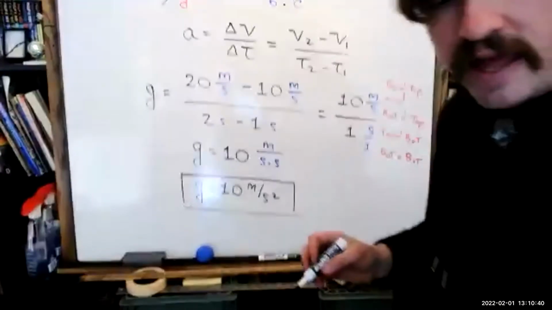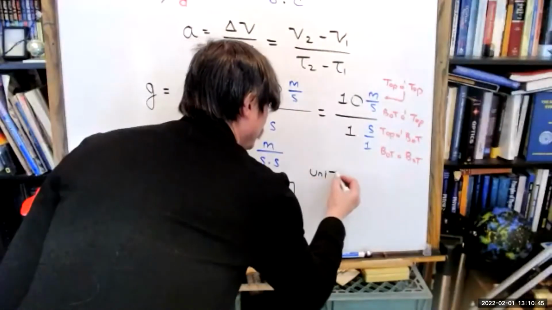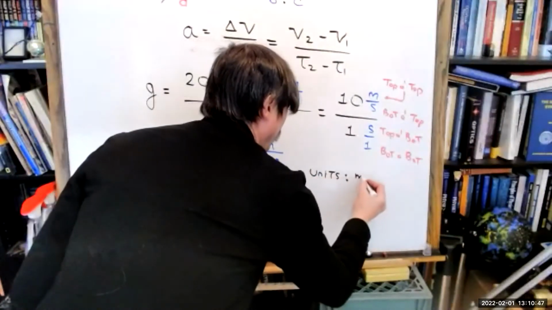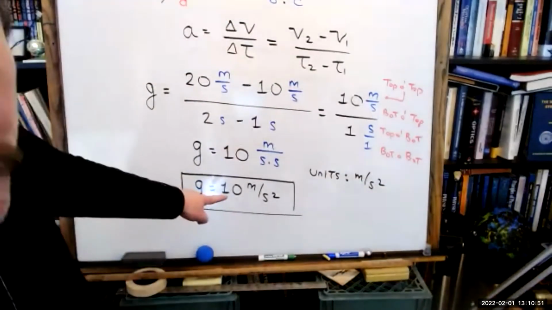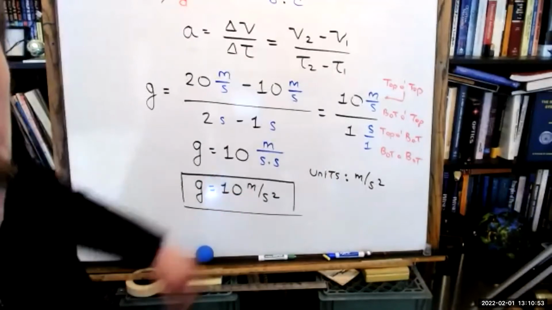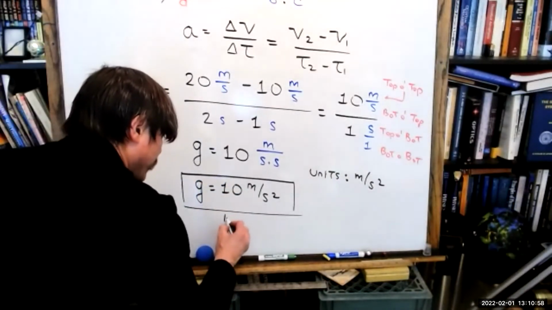Meanwhile, to conclude our class with some background stuff, don't forget that the units of acceleration are meters per second squared, and that the local acceleration of Earth's gravity is 10 meters per second squared.